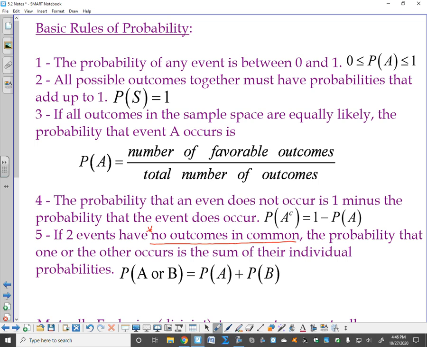So I can take the probability that a kid's going to get an A in Math 1, and the probability that a kid's going to get an A in pre-cal, and I can add them together. I cannot do the probability that you're going to get an A in AP Stats or the probability that you're going to get an A in pre-cal, because I have kids in pre-cal and AP Stats. So there is overlappage, which means I cannot use this formula. It only works when the two events have nothing in common.